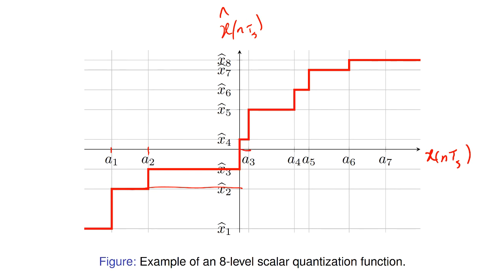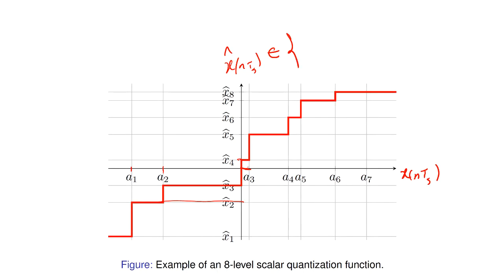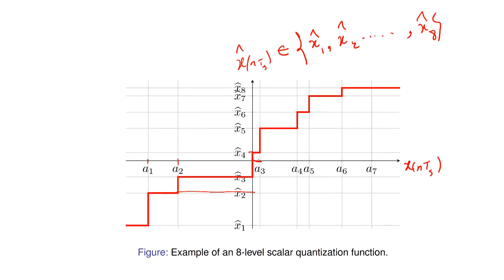If your input is in this interval, your output is here, and so on. So the quantized value is either x hat 1, or x hat 2, up to x hat 8. The quantized value has only 8 possible values.